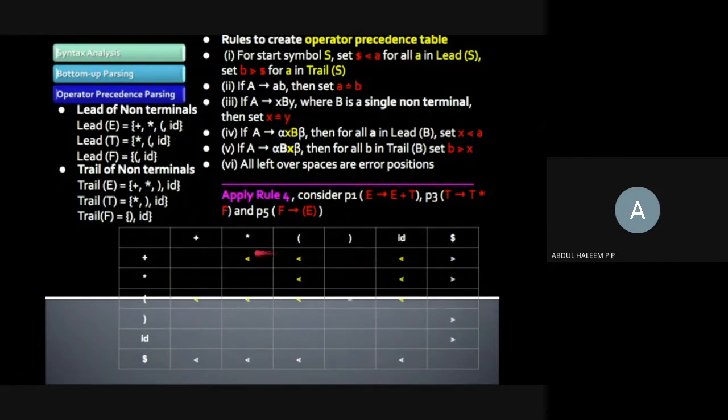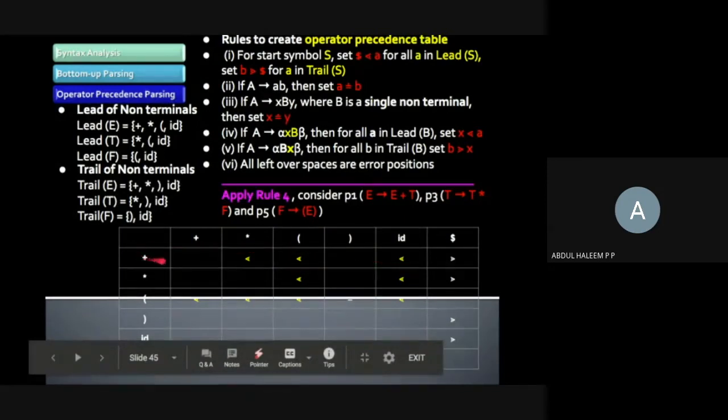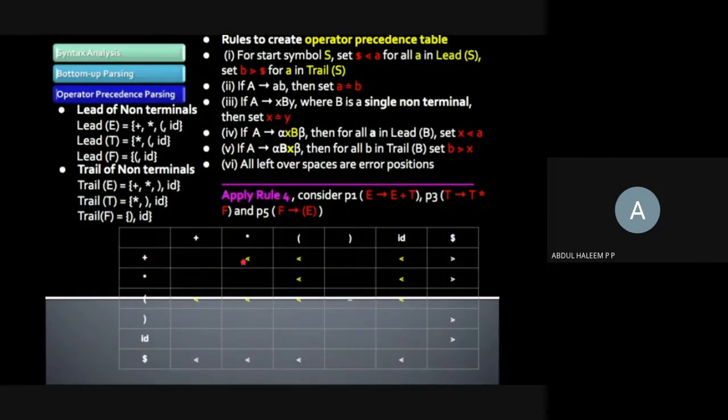So all these are of lesser precedence than P. So plus is less than star, left bracket and ID. These elements are here, lead of T. Why lead of T? Because of the first production, E plus T. You can fill these elements now.